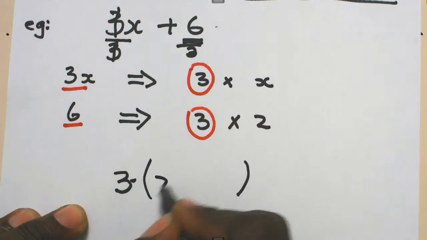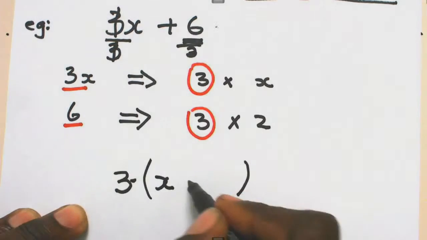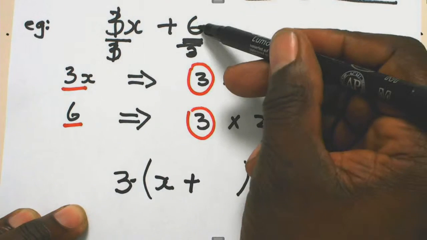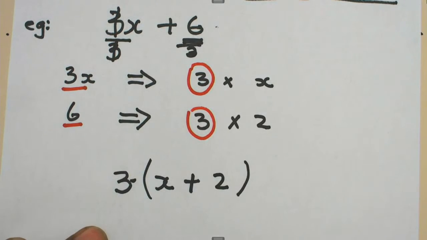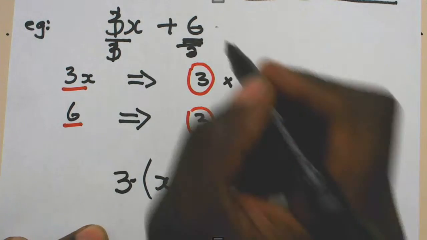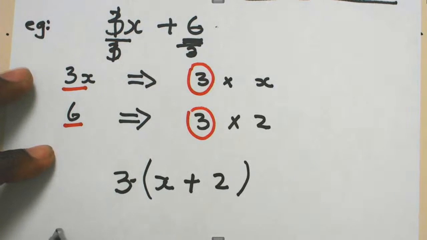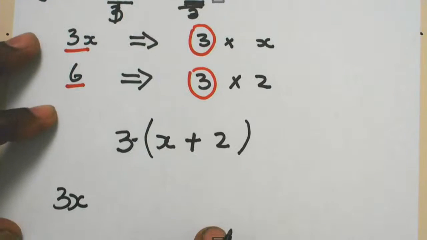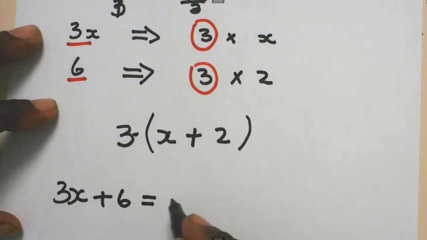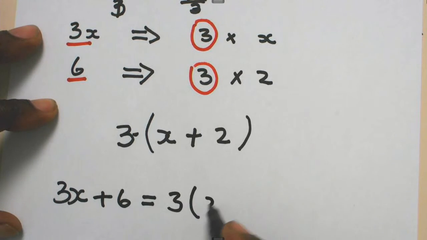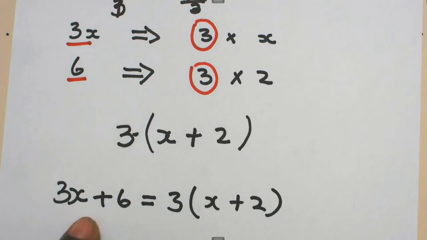Then you are left with x. And plus, 3 goes how many times into 6? 2 times. It means if you factorize this expression, 3x plus 6 is equal to 3 into x plus 2. In other words, 3x plus 6 has been factorized as 3 into x plus 2.